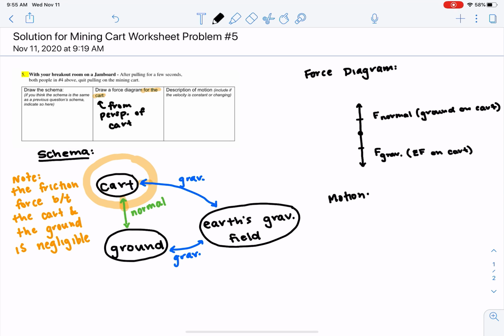Let's now add a note about the motion that we noticed. So we saw, again, our process starts after we remove the people. Once I remove those two people, if we paid close attention to the speedometer, there was a constant velocity once we removed those people.